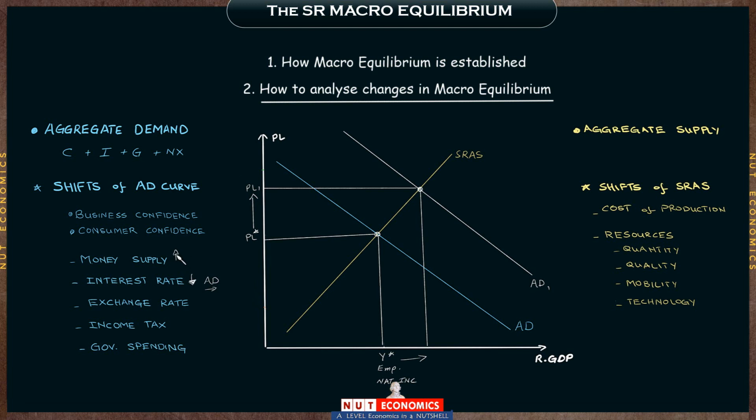An increase in money supply will cause an increase in aggregate demand. So you again start off with an assumed imaginary equilibrium of PL star and Y star, and if money supply is increasing, just shift your aggregate demand, increase it, take it to the right, and read off from this graph how the macroeconomic indicators will be affected. The same thing applies, let's say, if income tax rates are lowered.